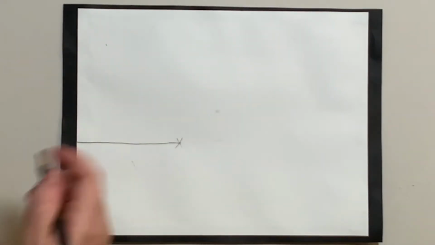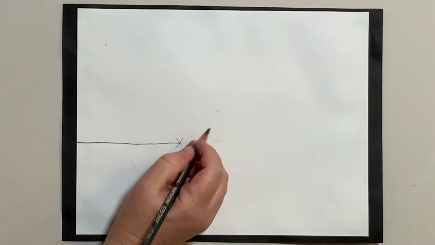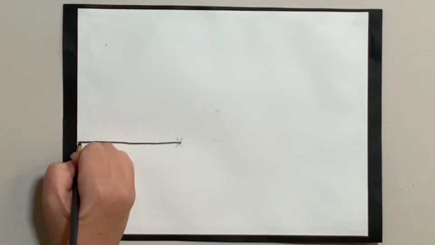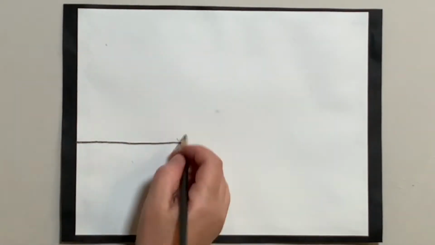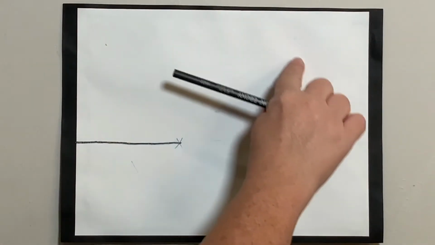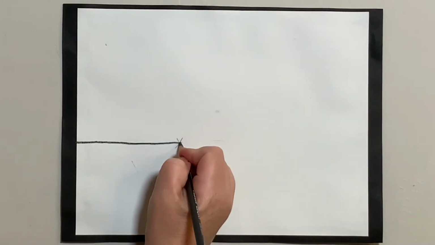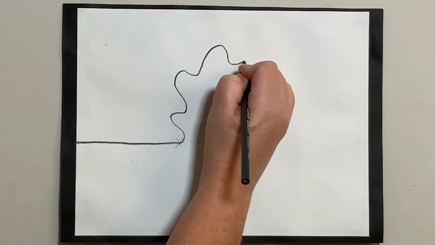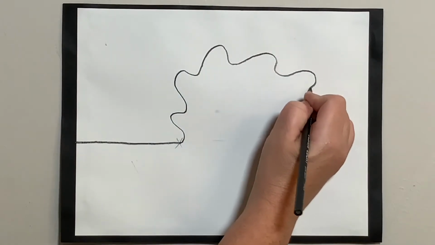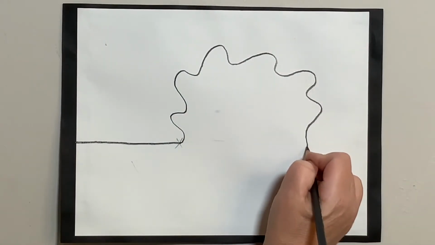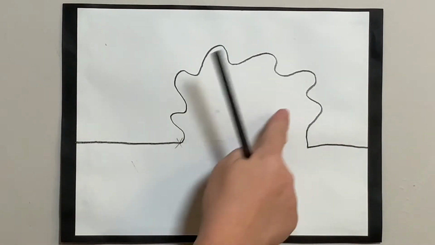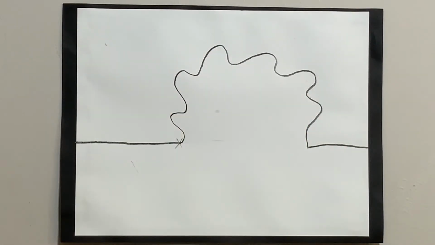Now I'm going to be using a pencil that's a little darker so you could see, but you just use your pencil. Draw a straight line all the way across, and we're going to draw a wavy rainbow. And that is going to be the inside of the cave. We made it with a wavy line.